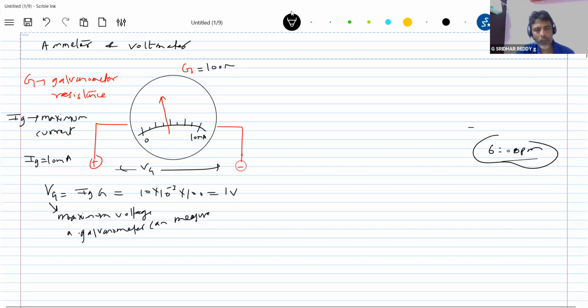If you apply a potential difference of 2 volt, the pointer will be at 10 milliampere and it cannot deflect further. Therefore Ig puts the limit on the maximum current a galvanometer can measure, and Vg puts the limit on the maximum voltage it can measure.